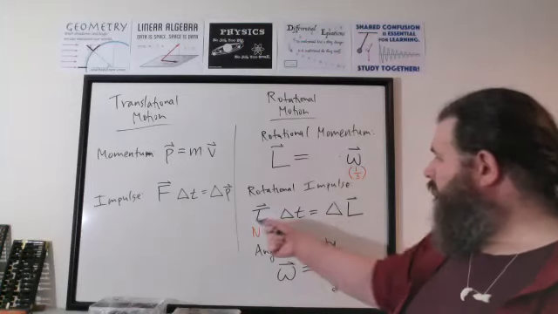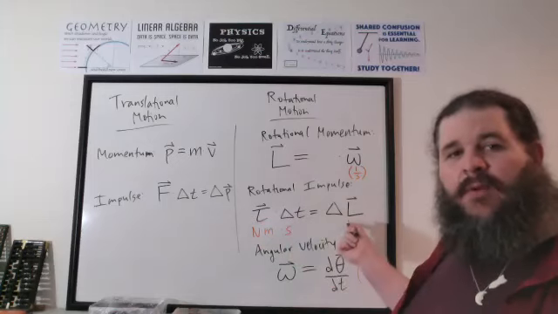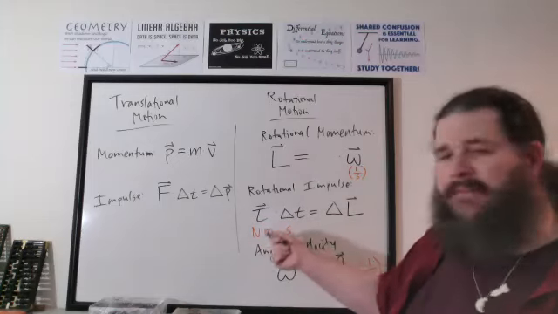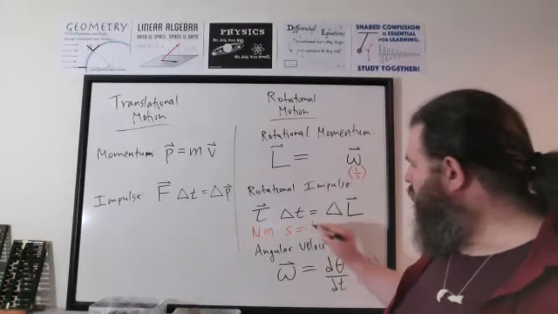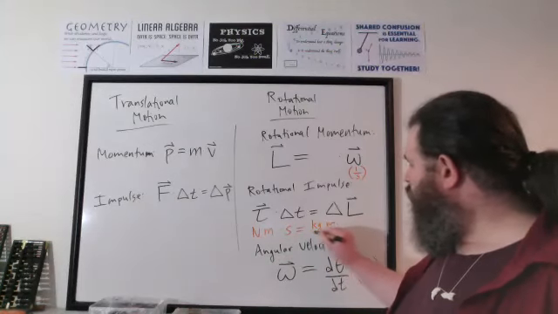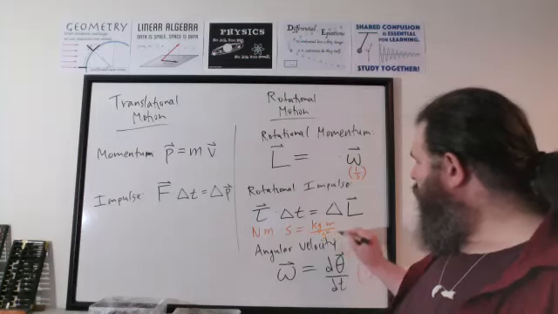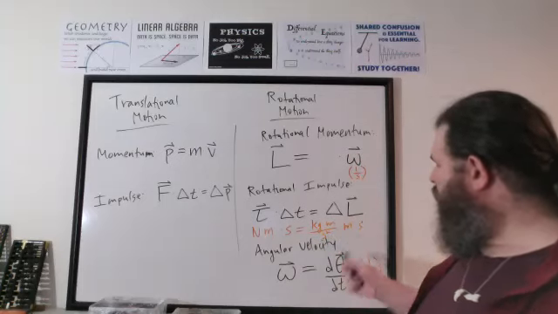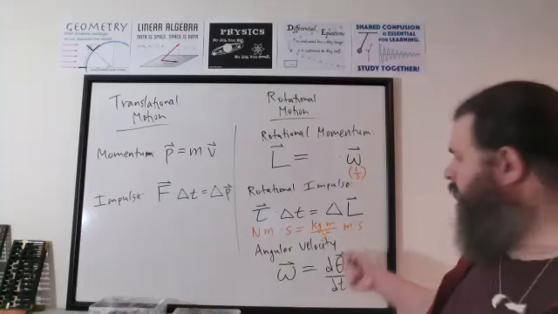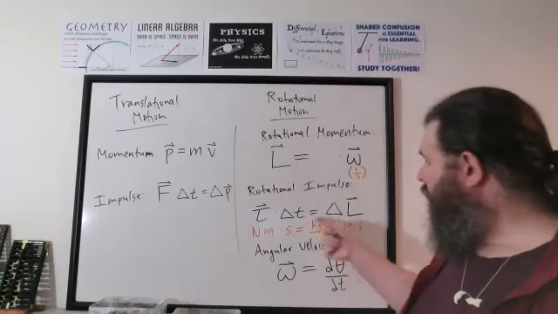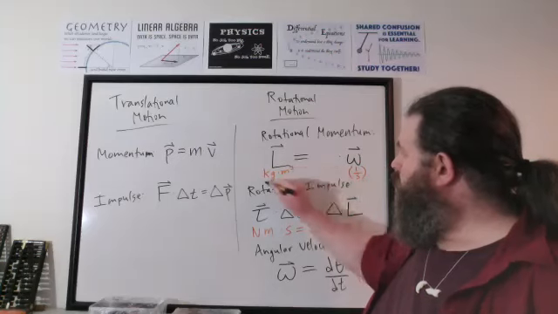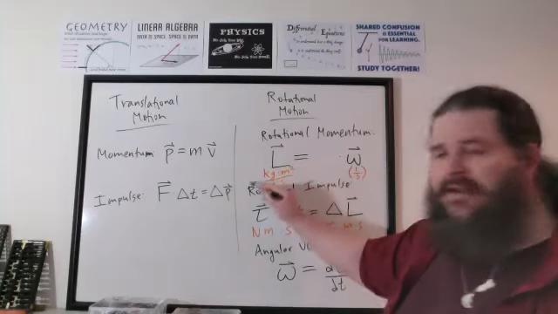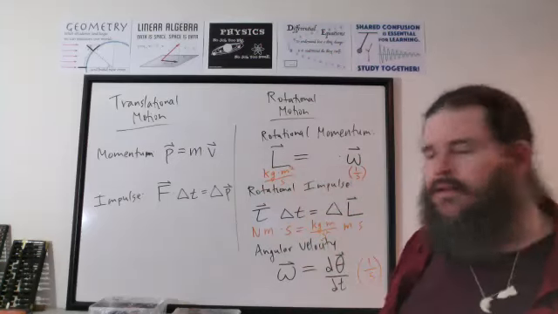So that means in order for this to make sense, angular momentum has to be measurable in Newton meter seconds. Or if you split that out, Newtons is kilogram meters per second squared. We're multiplying it by meters and seconds. So seconds partially cancel out. Meters combined, we get kilogram meters squared per second. So angular momentum is measured in kilogram meters squared per second.